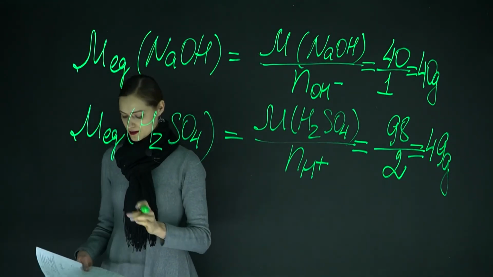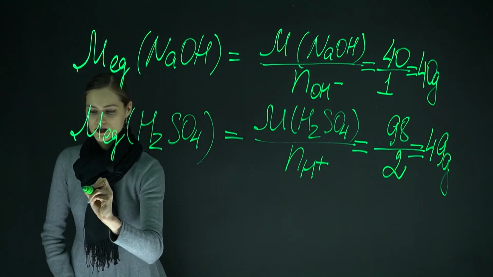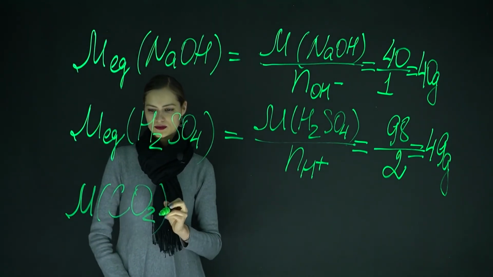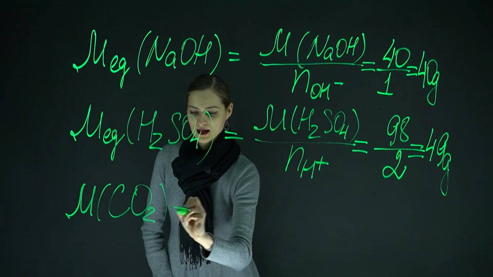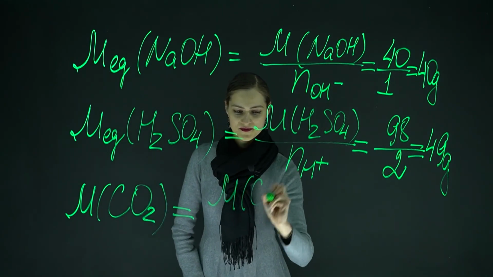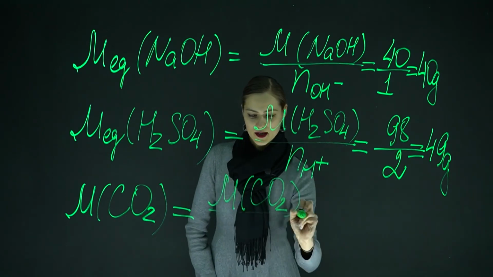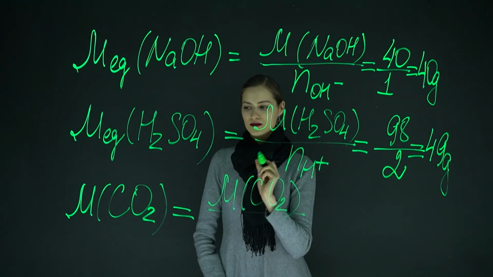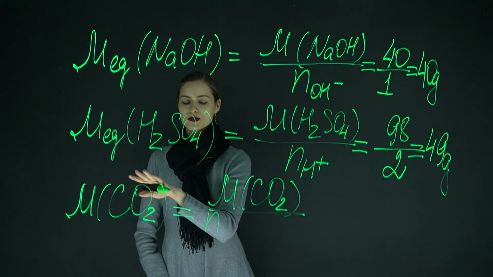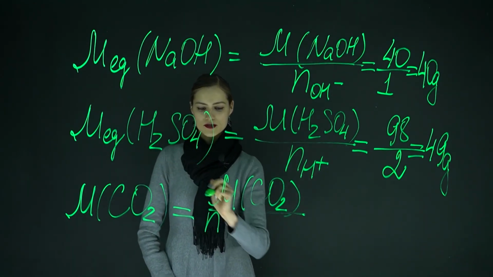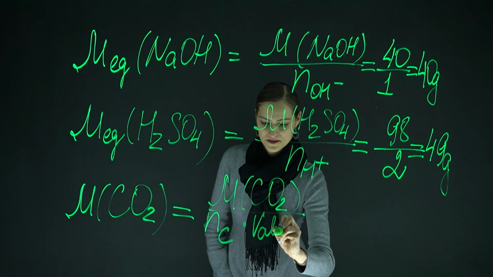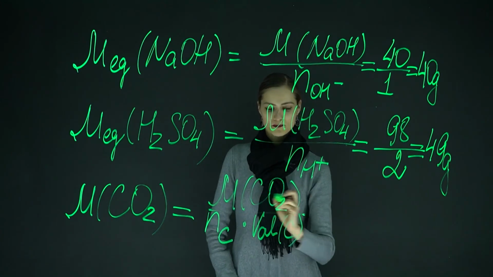Let's calculate equivalent mass for an oxide. Let's take carbon dioxide. The same situation: the molar mass of this oxide, but now we divide this molar mass by the number of atoms of the element which forms this oxide, in our situation the number of carbon atoms, and by the valency of carbon as well.